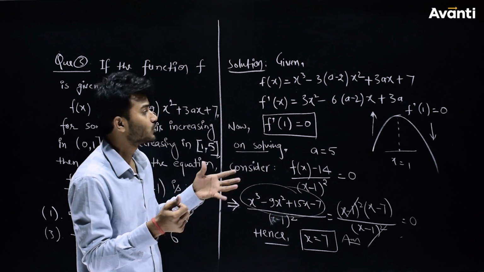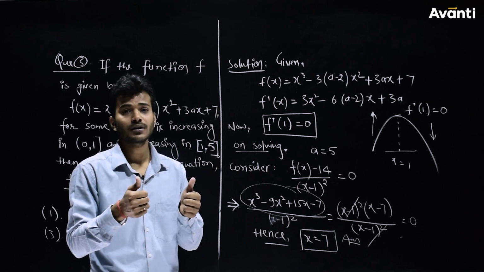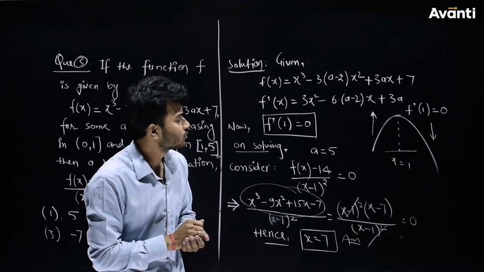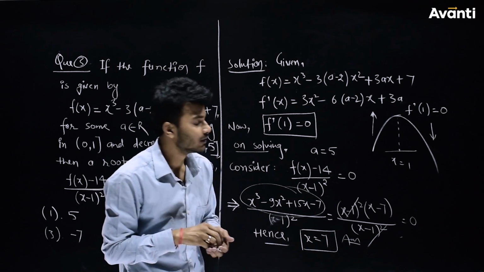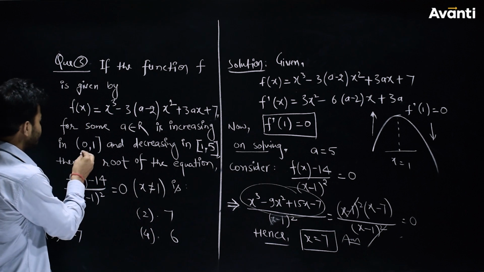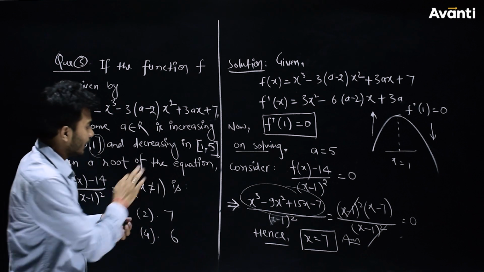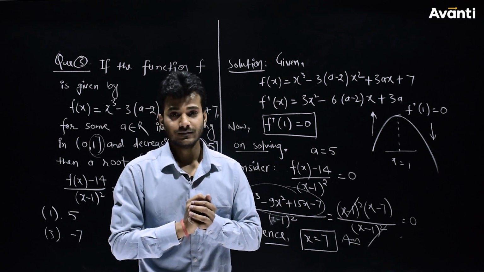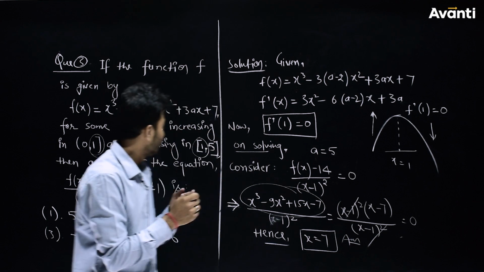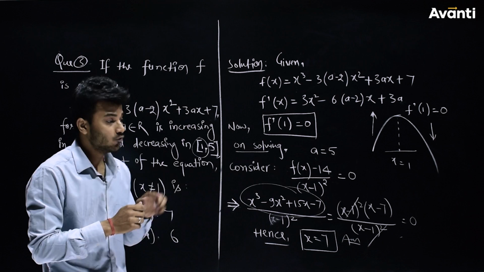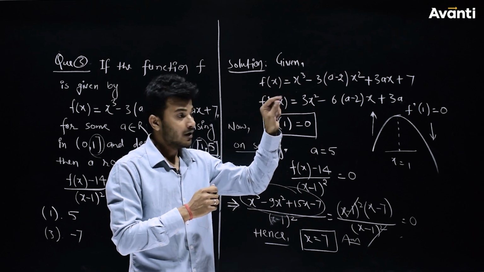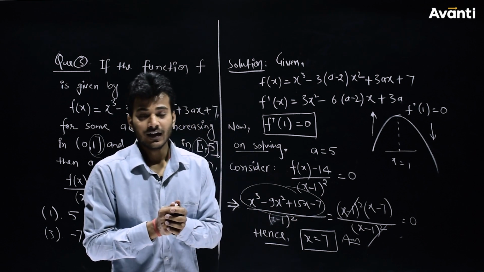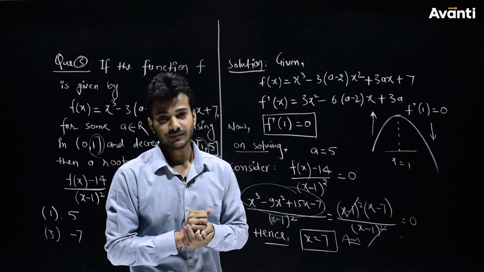This was again a good use of monotonicity and differentiability of a function. And I should discuss one more important point. As we can see here, 1 is closed and again 1 is closed, that means certainly it is defined at 1. If you get open 1 and open 1, then it would be increasing for 0 to 1 and decreasing from 1 to 5, but it is not necessary in that case that it would be defined at x = 1.